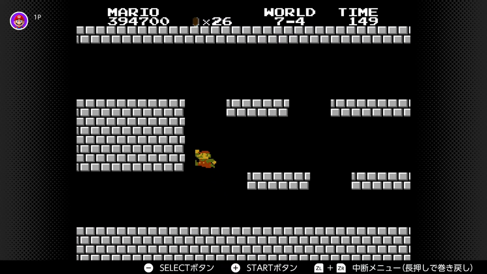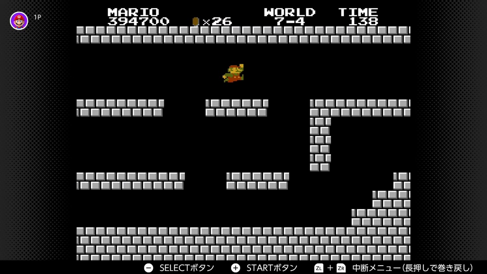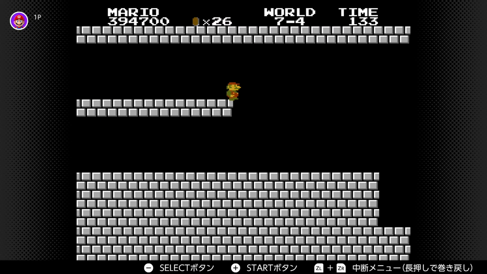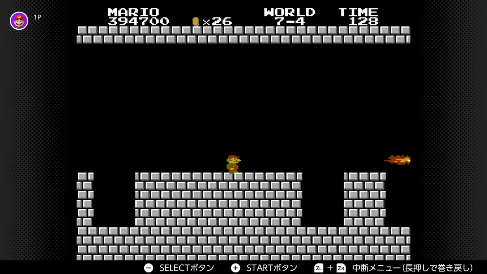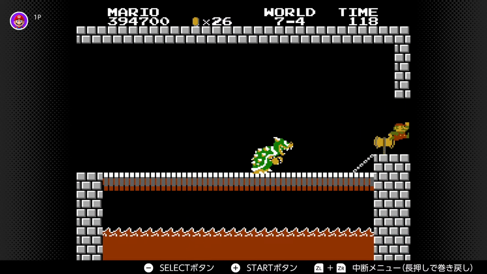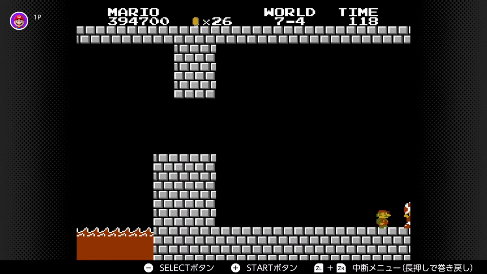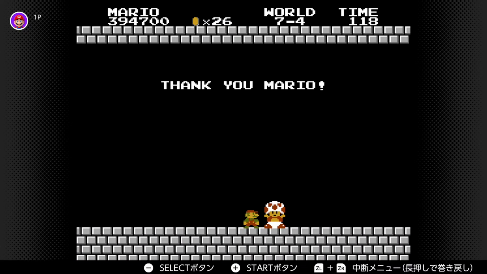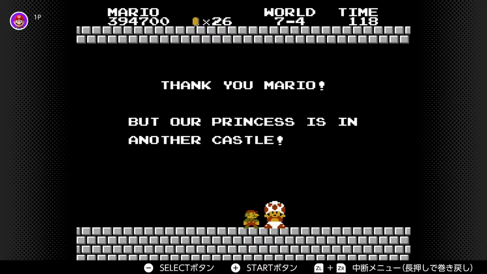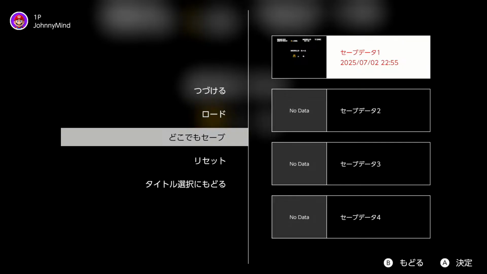This one feels also like a maze. Or not, nope. Luckily it was only the first one. And we immediately avoid Bowser and so on. Fantastic. Beautiful. Okay, let's stop here. Let's save.